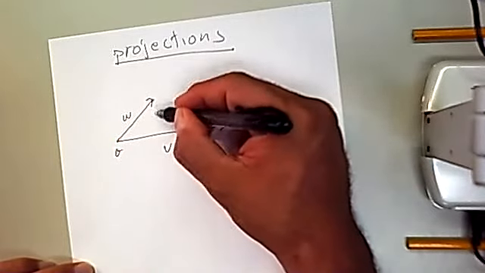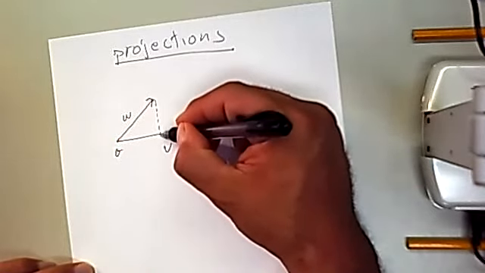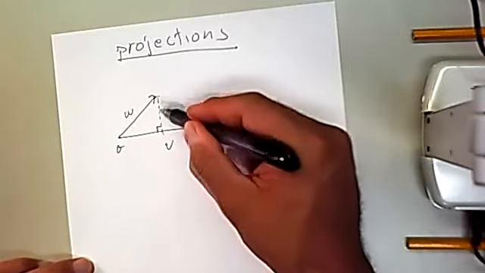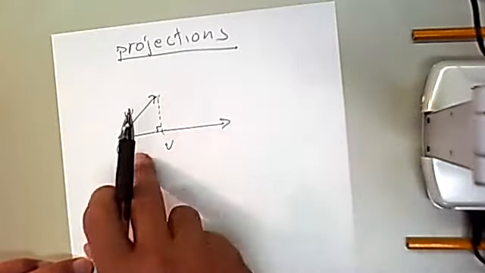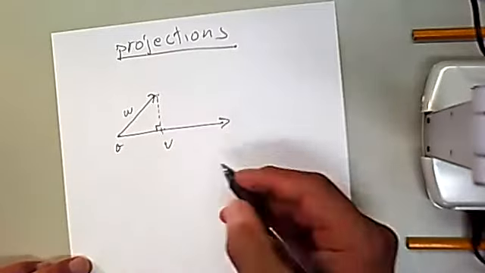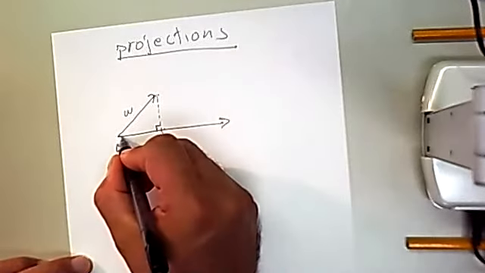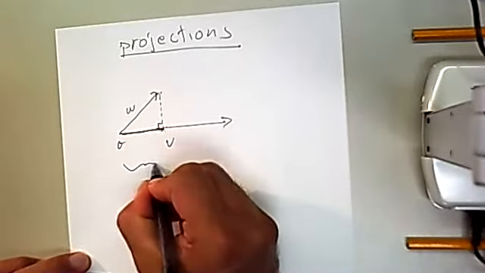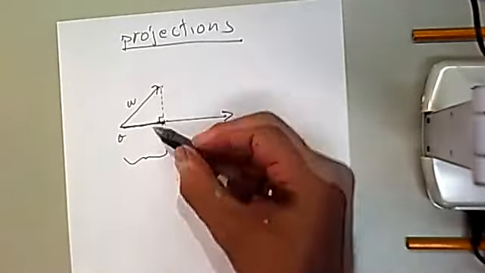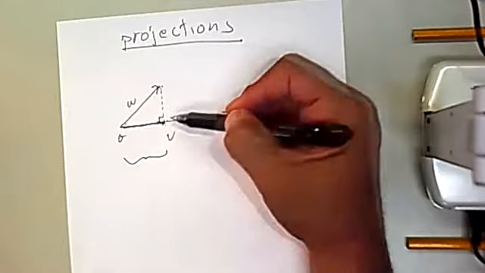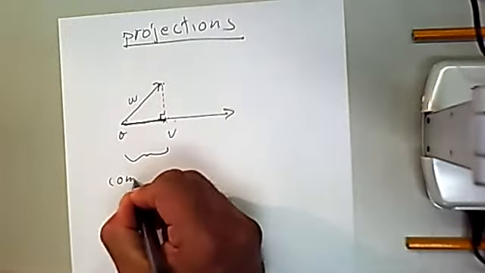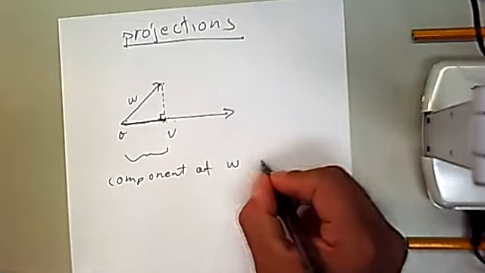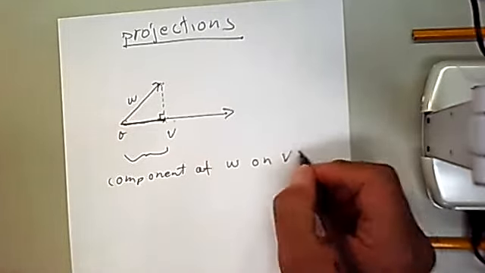We can project this vector onto this one by drawing a 90-degree angle line, drawing an altitude where this is the base. And this distance is the component of this vector onto this vector. So this is the component of W on V.